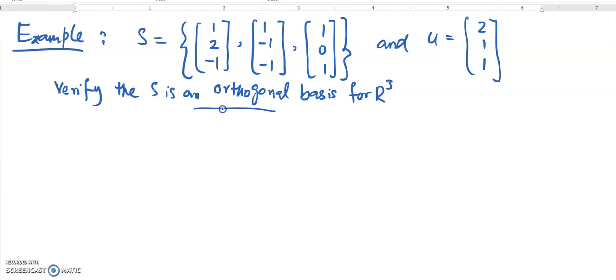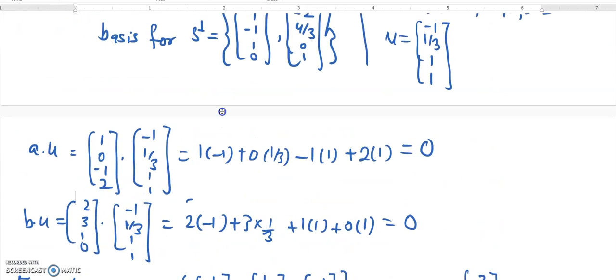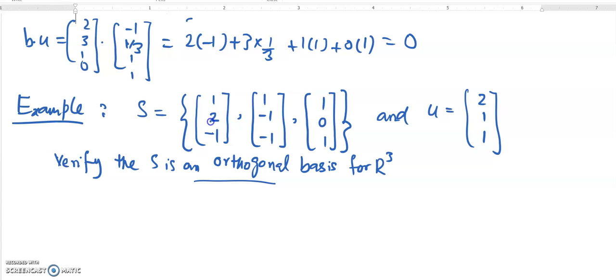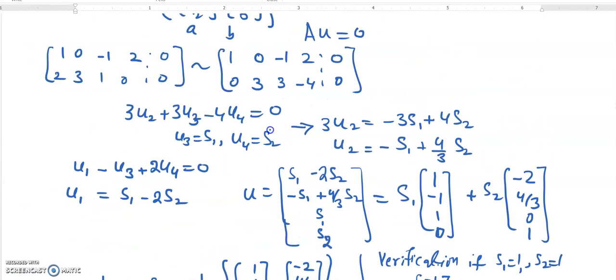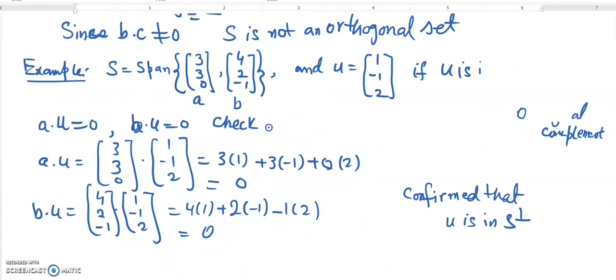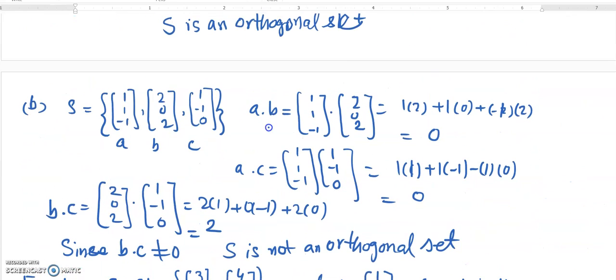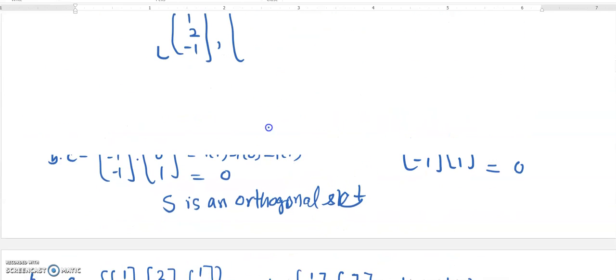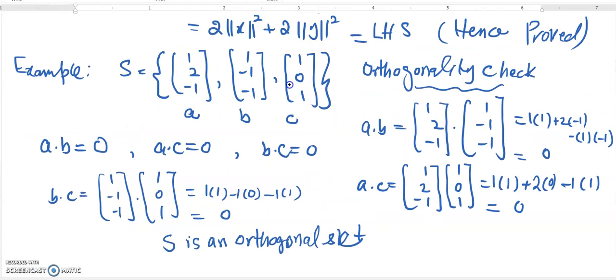This we have already verified in one of the previous examples, in part A: 1 2 minus 1, 1 minus 1 minus 1, 1 0 1. Here we took these three dot products and all of them were 0. So S is an orthogonal subset.